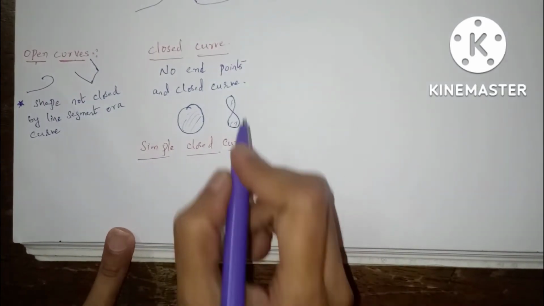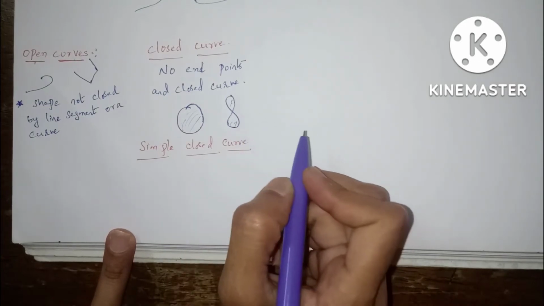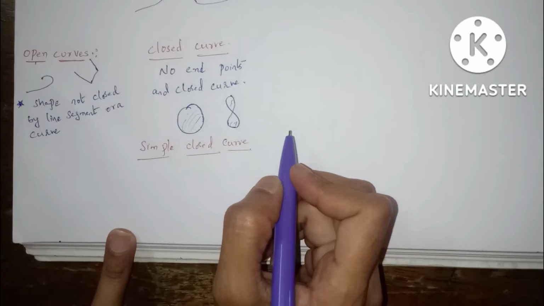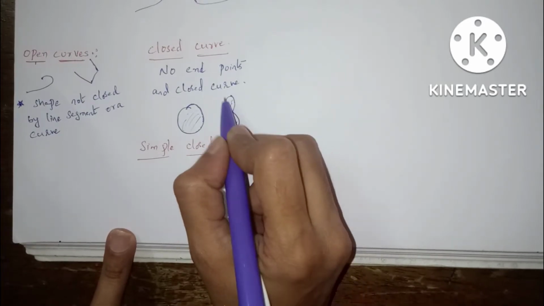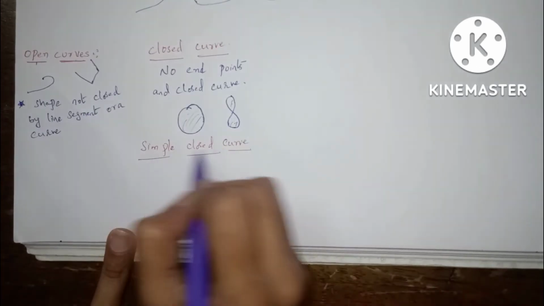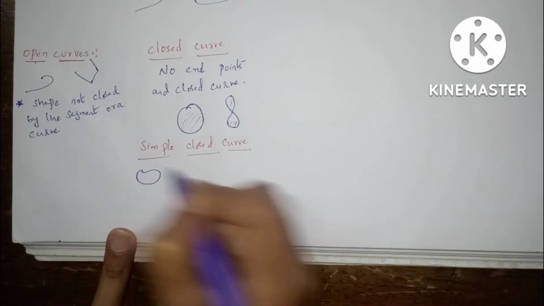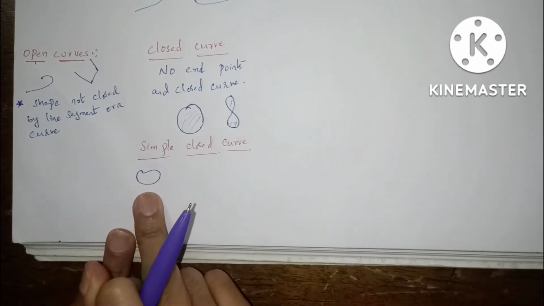A closed curve which does not cross itself is called a simple closed curve. It means it does not have any intersection point. For example, if I draw this figure, I will say that this is a simple closed curve.